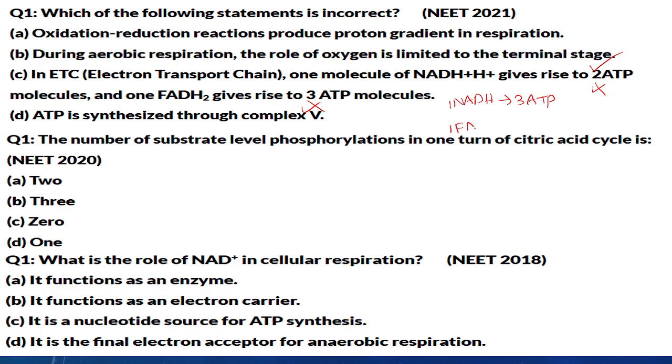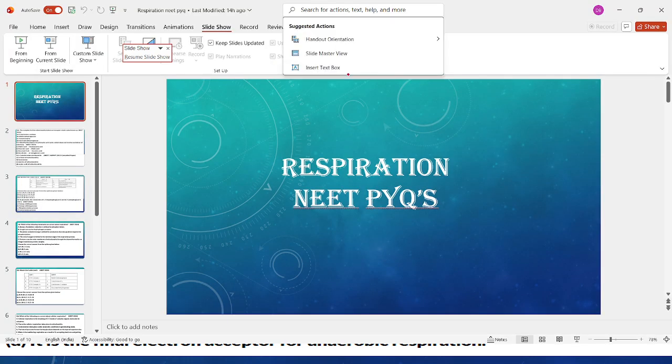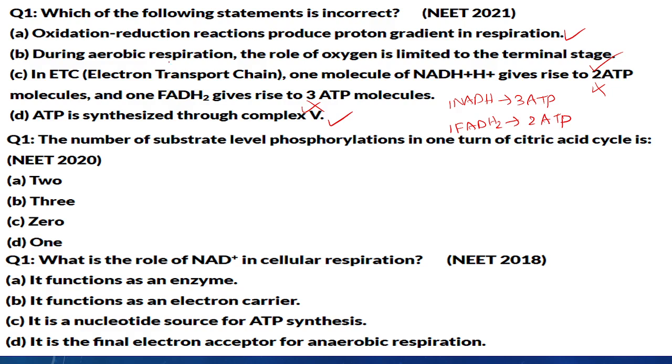One molecule of FADH2 gives 2 ATP. ATP is synthesized through complex 5. This is correct. Option A is also correct. It is asked about incorrect one, sorry. So option C is incorrect.